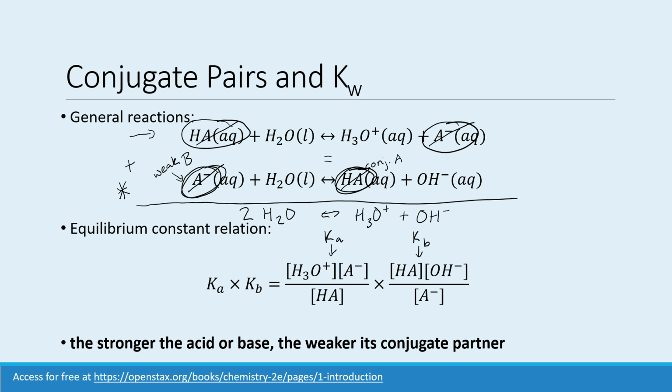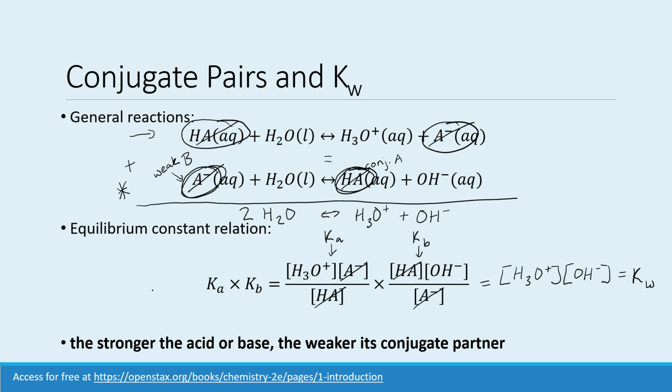Okay, when we add two reactions together, we can multiply those two equilibrium constants, and you will see that the A negatives will cancel and the HAs will cancel just like they did in the general reaction. And so the only things that are left are the hydronium ion concentration and the hydroxide ion concentration. And so you realize that is the same equation as it is for Kw.